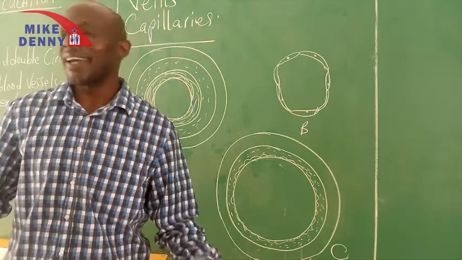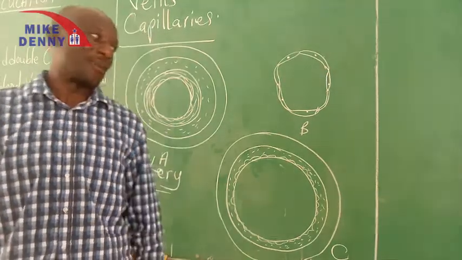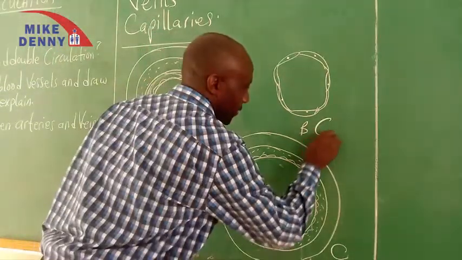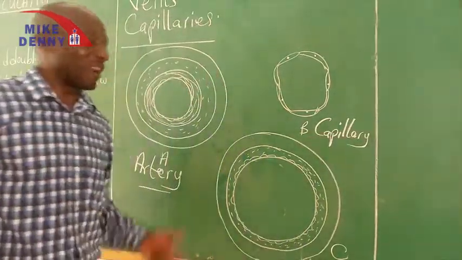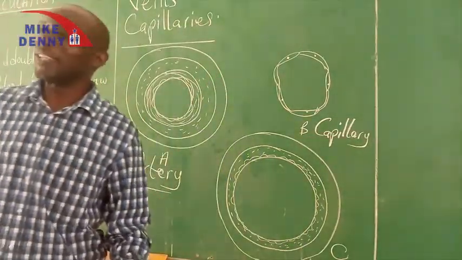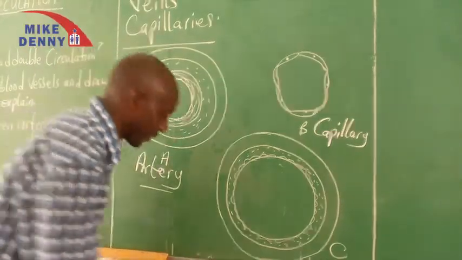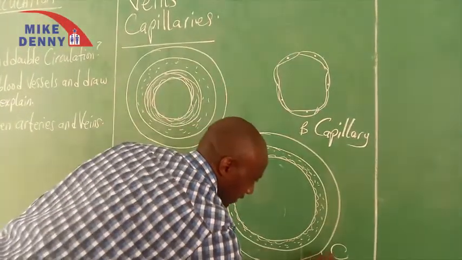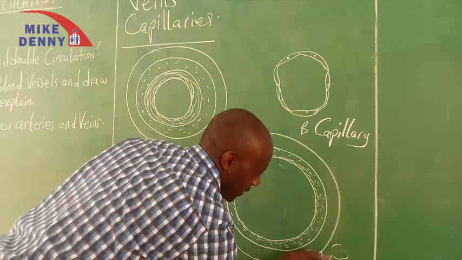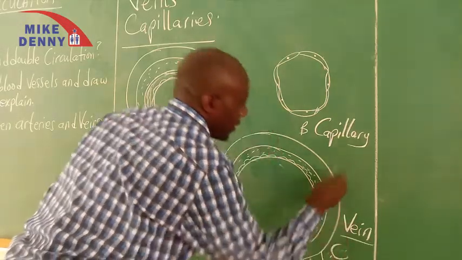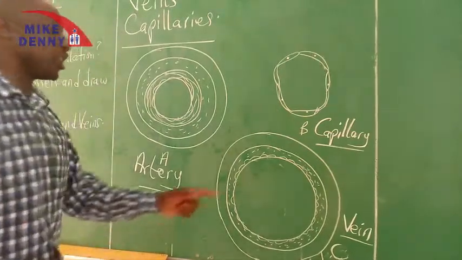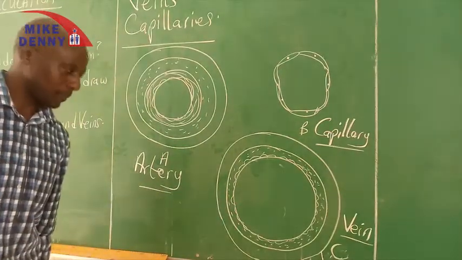Somebody say capillary. Good. Then what obviously is C? We don't need to delay. Somebody say vein. C is the vein. So we have the artery, the capillary, and the vein.